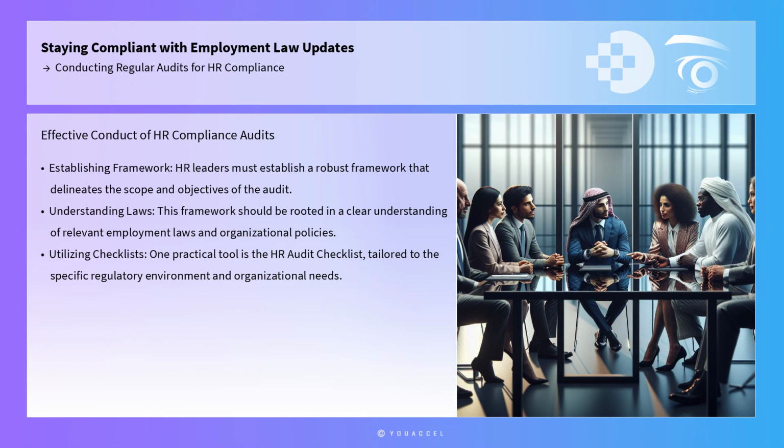This checklist typically includes categories such as recruitment and hiring practices, employee classification, compensation and benefits, workplace safety, and termination procedures. By systematically assessing each category, HR professionals can identify potential compliance gaps and areas for improvement.